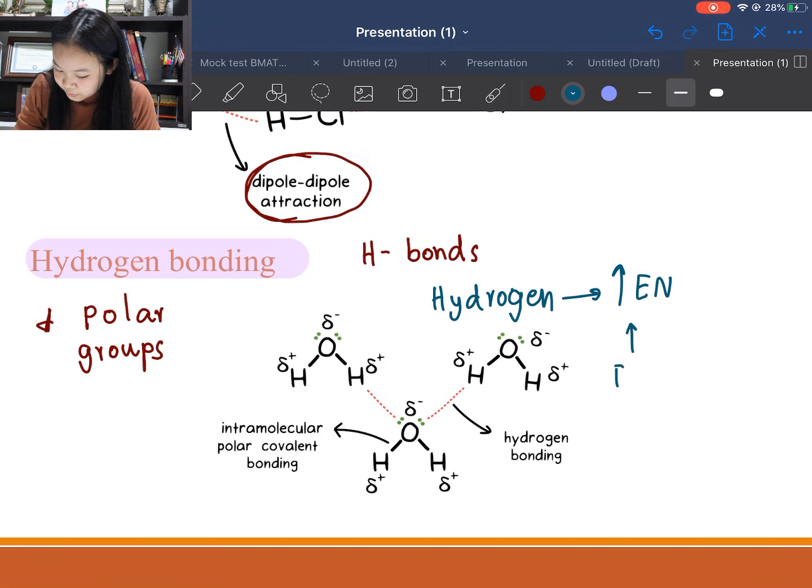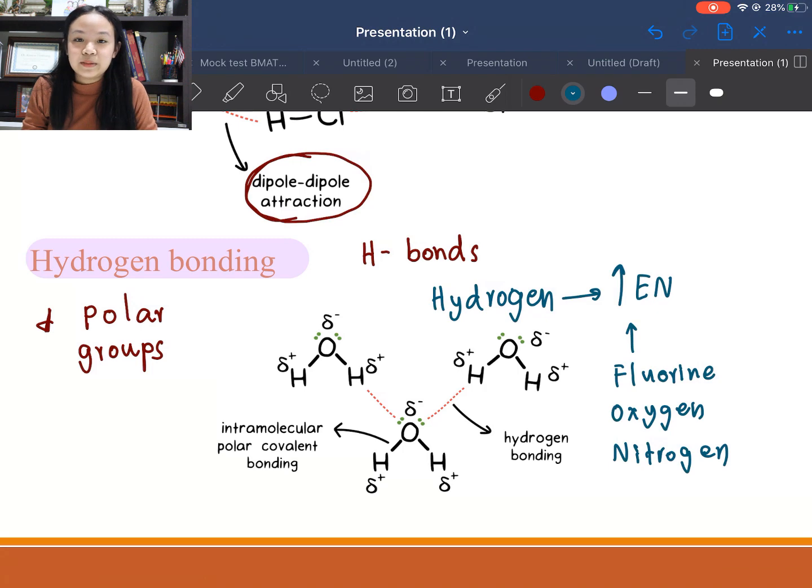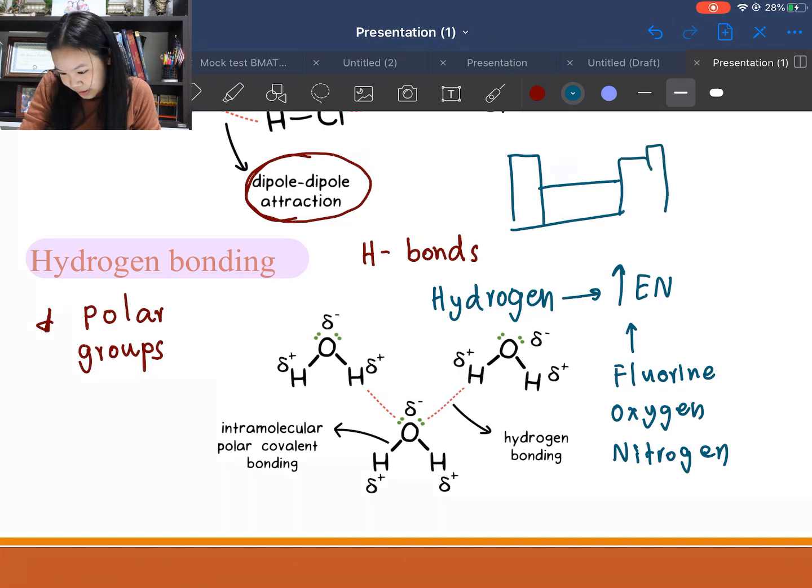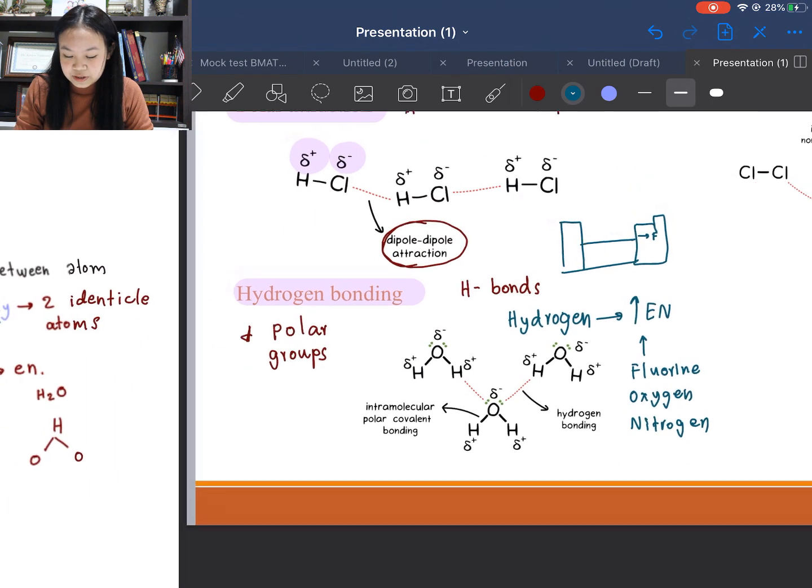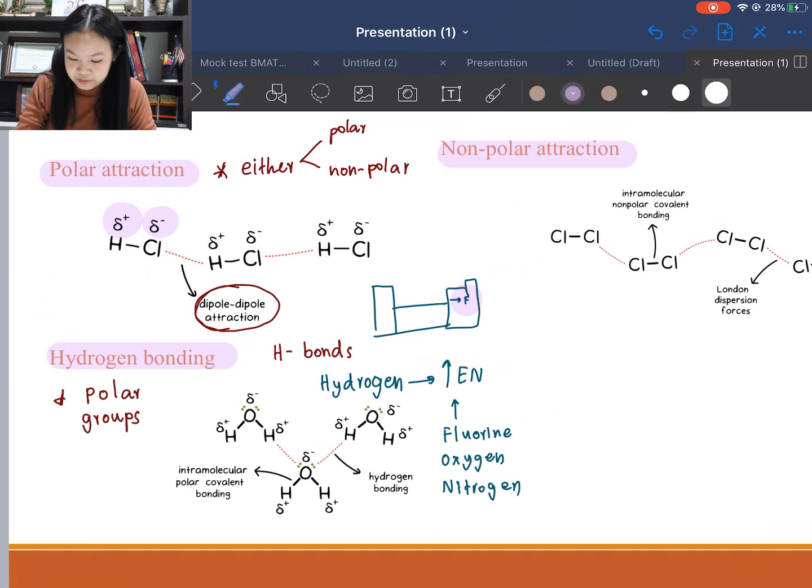Well, it is fluorine, oxygen, and nitrogen. How do I know? Well, it depends on the periodic table, which looks somewhat like this, and fluorine has the most EN. So anything that comes closer to fluorine will have a higher EN. But just to know, F is the highest.